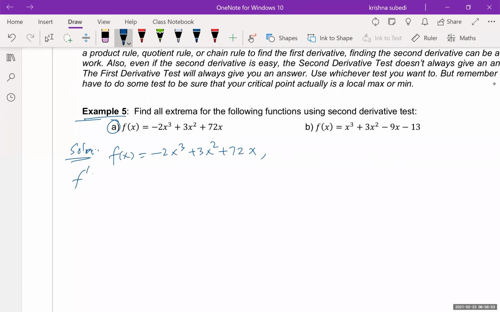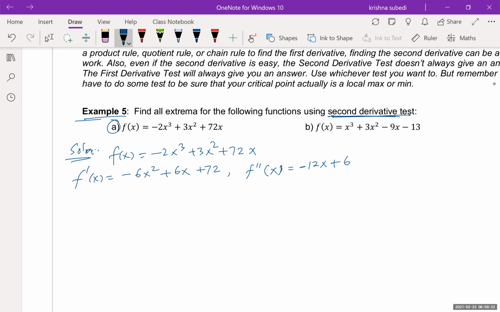Because we are going to use the second derivative test, you need to find the first derivative and second derivative. The first derivative is going to be negative 6x squared plus 6x plus 72, and your second derivative is going to be negative 12x plus 6.